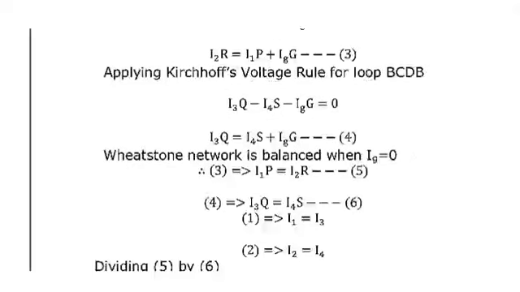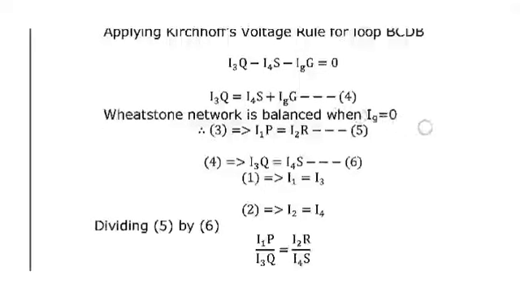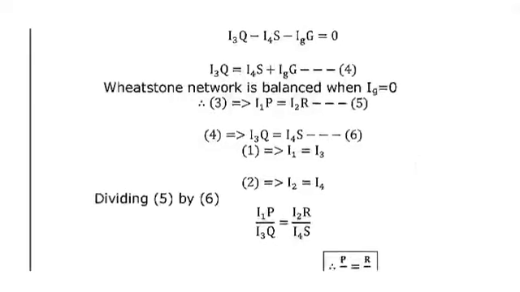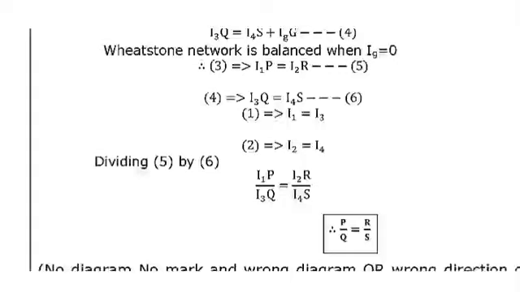Now we know that the balance condition for Wheatstone bridge is that current through the galvanometer is equal to 0. So IG is equal to 0. I'll substitute IG equal to 0 in equation 3 and equation 4. I got equation 5 and equation 6. Next, from equation 1, we have I1 is equal to I3, and from equation 2, I2 is equal to I4. I'll substitute these two in equations 5 and 6.